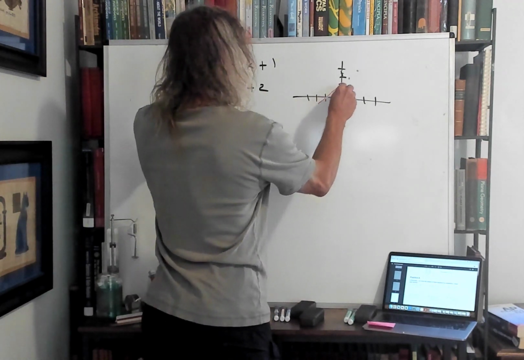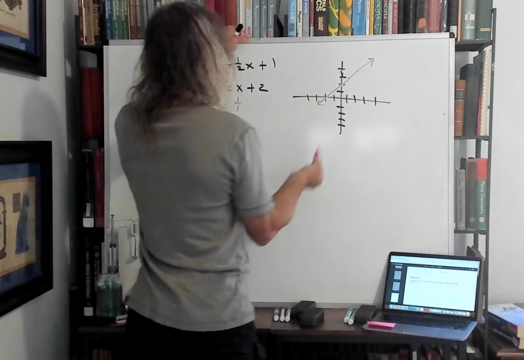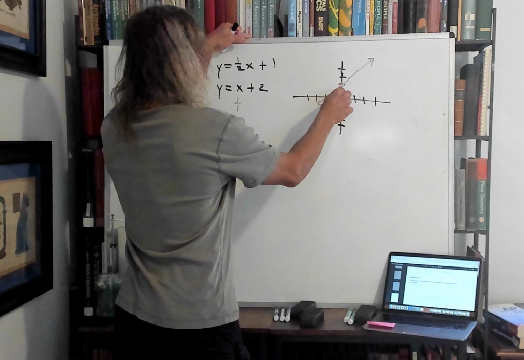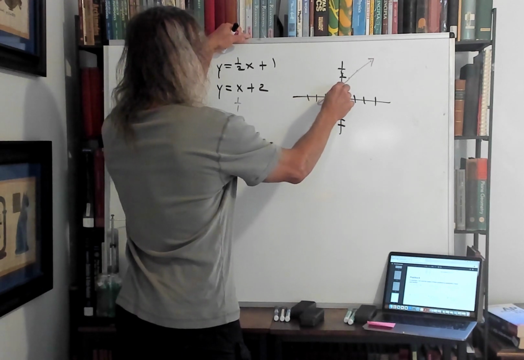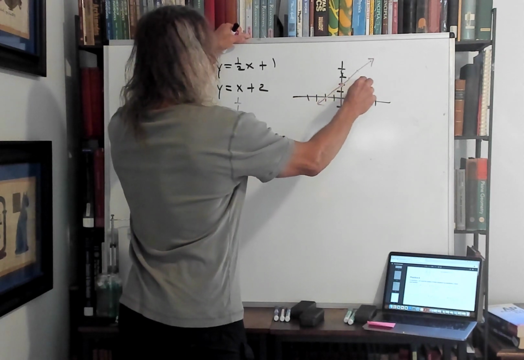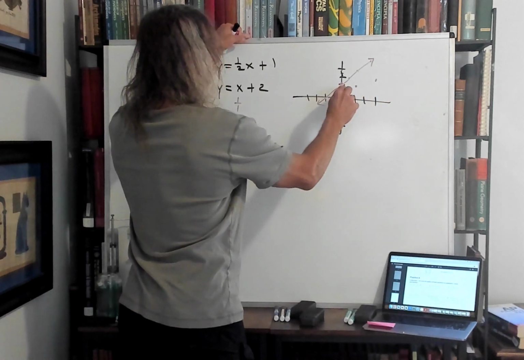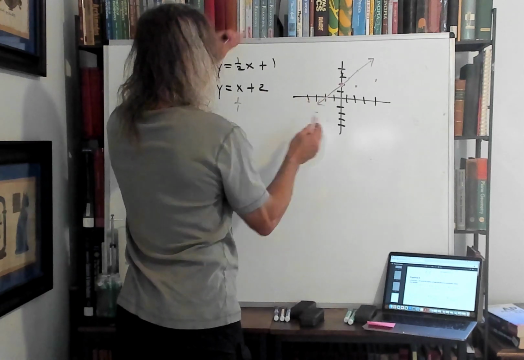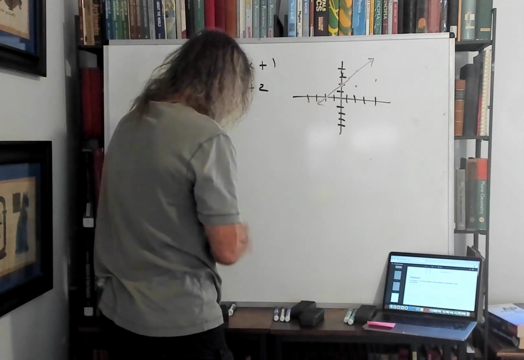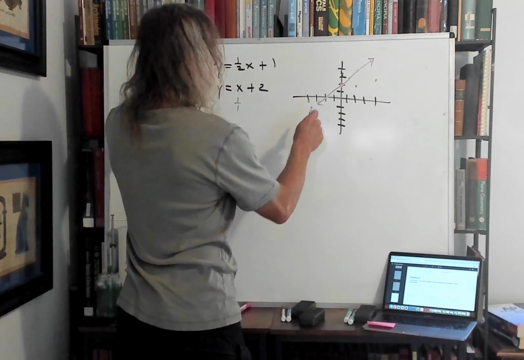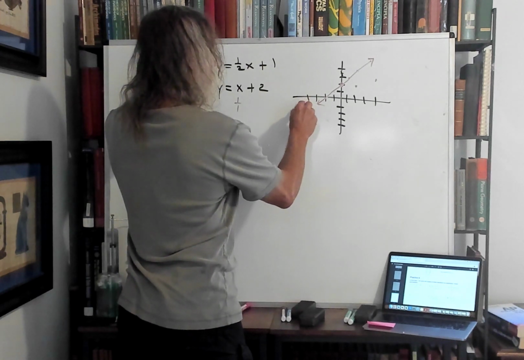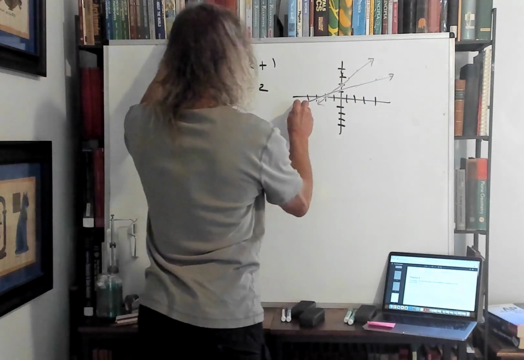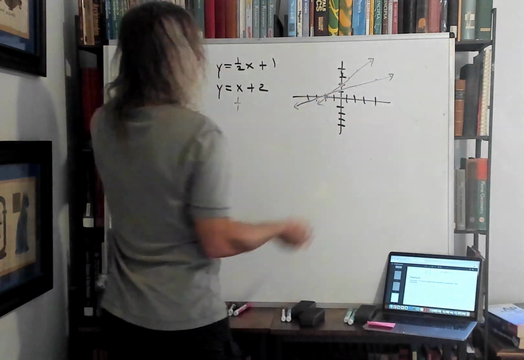Then 1/2 x plus 1. The y-intercept is 1. The slope is 1/2. Up 1 over 2. Up 1 over 2. And then down 1 over 2, down 1 over 2, in a different color. Then connect the dots. Notice they hit right here.